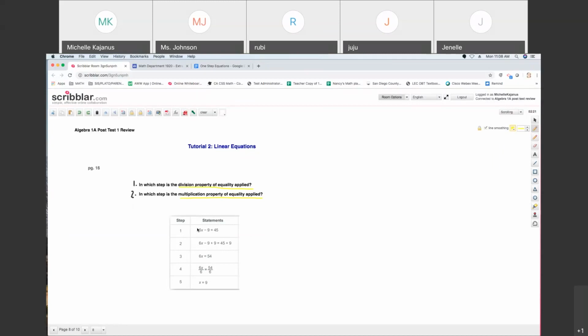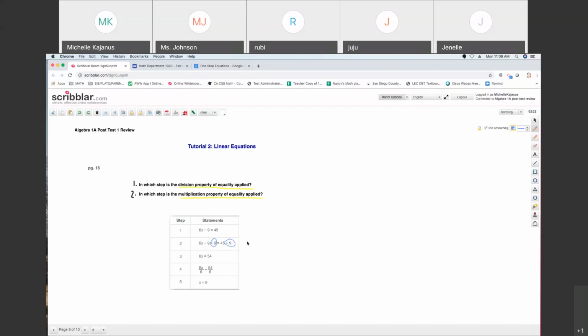Step 1, 6x minus 9 equals 45. Okay, so they're not doing anything here. This is just what they're giving us. Now let's go to the second one. 6x minus 9 plus 9 equals 45 plus 9. Here, the plus 9 is different.